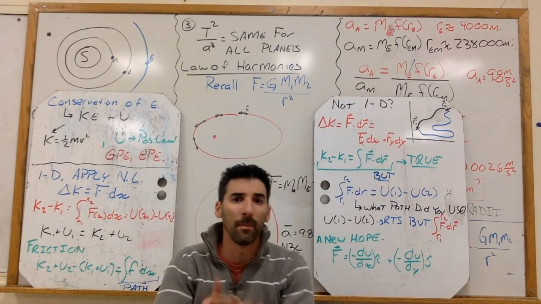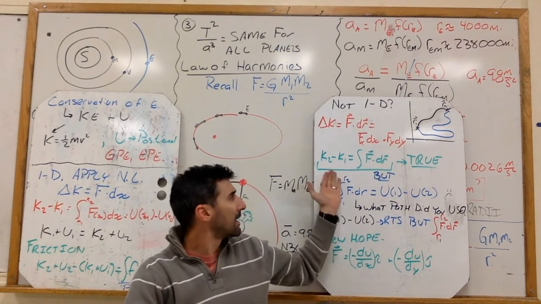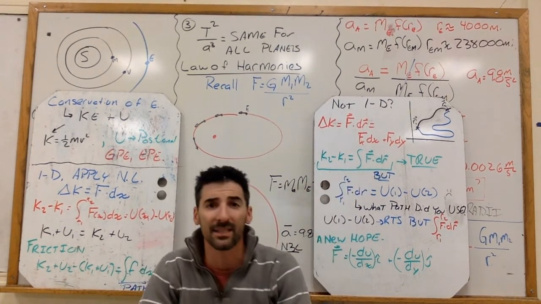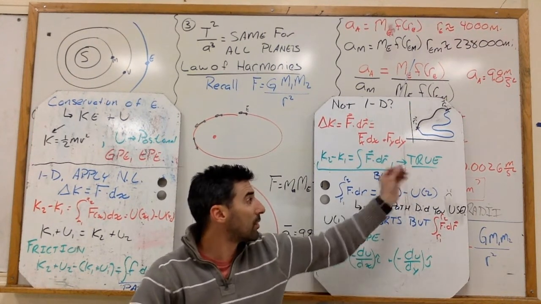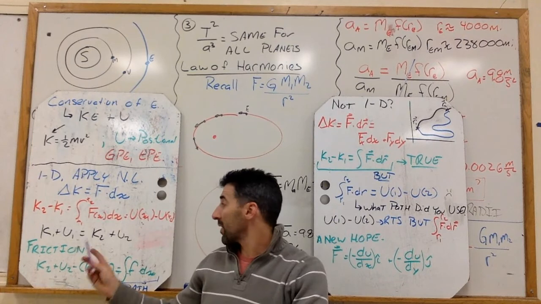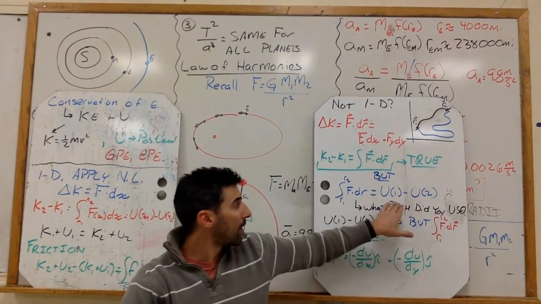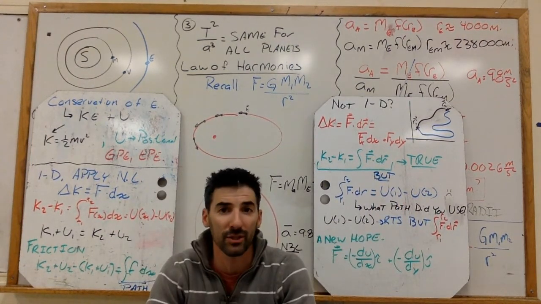So I know my work kinetic energy theorem, K2 minus K1, is the integral of F dot dr, and that's easy to show true. But what about the other half of the equation? What about my potential at 1 minus my potential at 2?